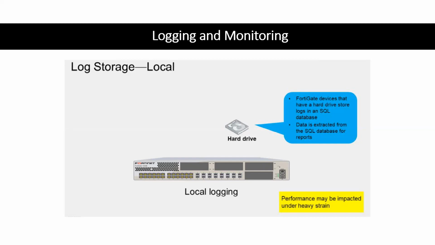Depending on the model series, disk logging may be enabled by default. So maybe it's a 200 series, maybe it's a 300 series or a data center series performance level FortiGate. It probably has a lot of RAM and a lot of hard disk space, so it probably is enabled by default. But we can change those settings.